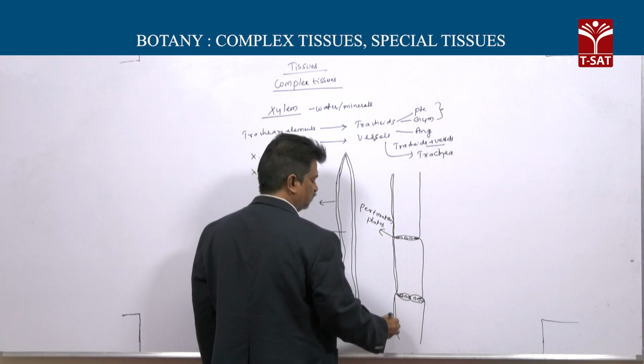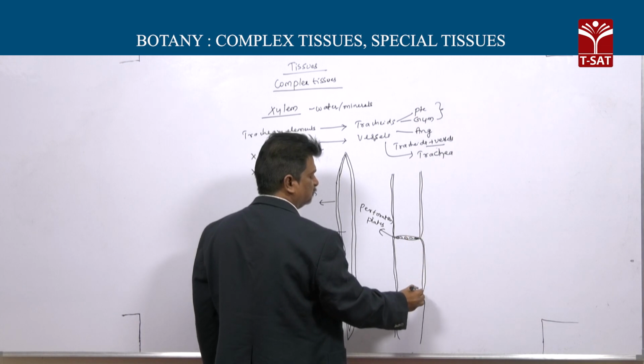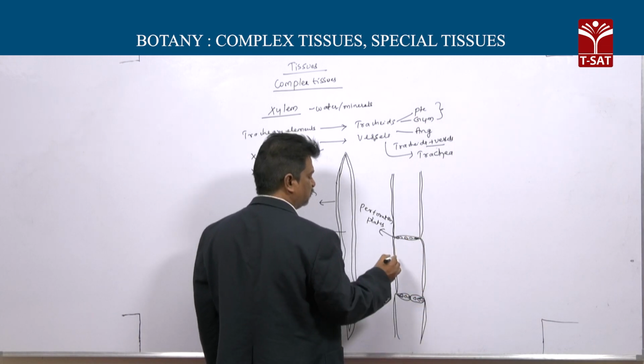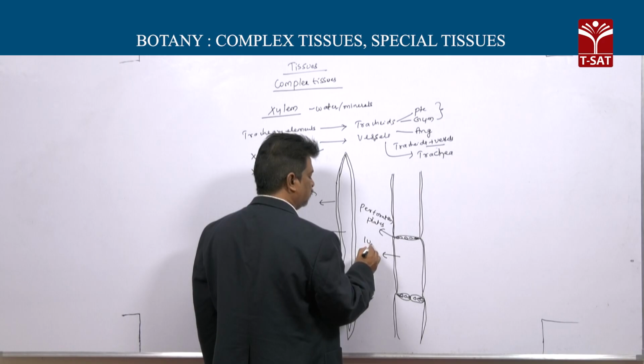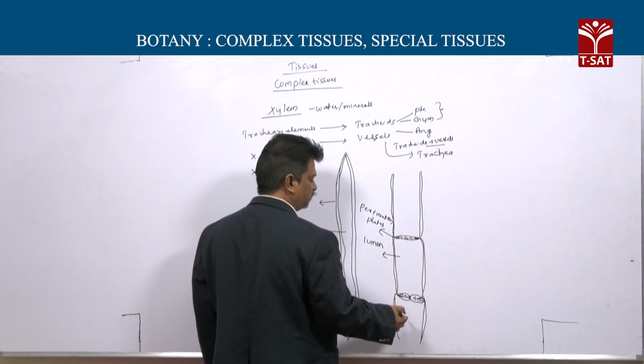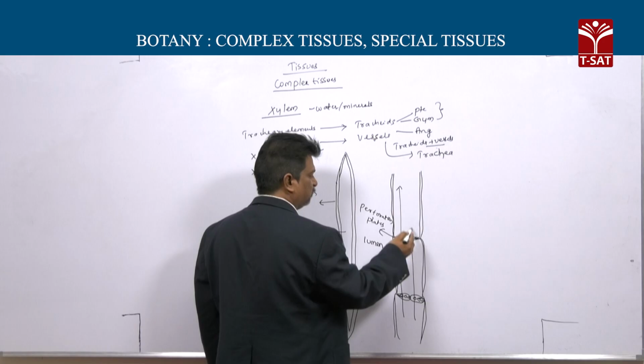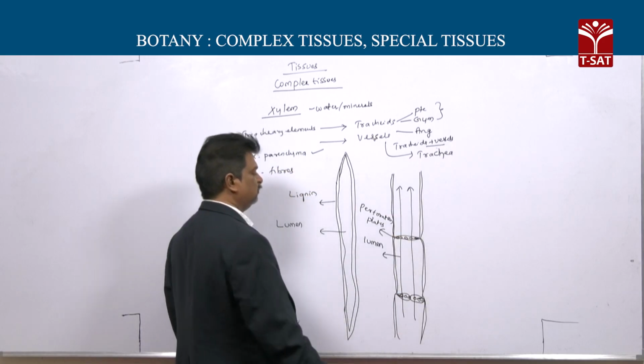Being dead cells, without protoplasm, an empty space is present at the center, rightly called lumen. Because of this empty space, the flow of water easily takes place from base to top or between vessel cells.